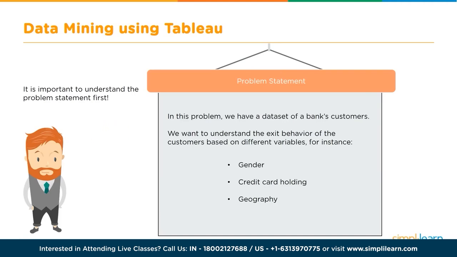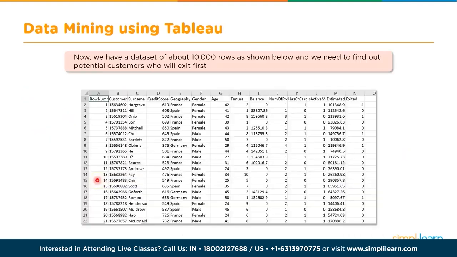Let's say we want to analyze why customers are leaving the bank, which is known as exit, and see what some of the factors for exiting the bank are. Let's consider these three: gender, credit card and geography, as criteria, and analyze if these have any bearing on the customer exit behavior. So let's use Tableau, and very quickly we will be able to find out how these parameters are affecting it.